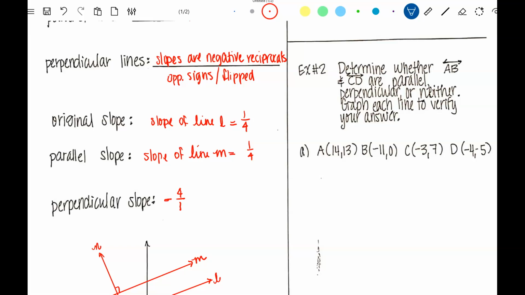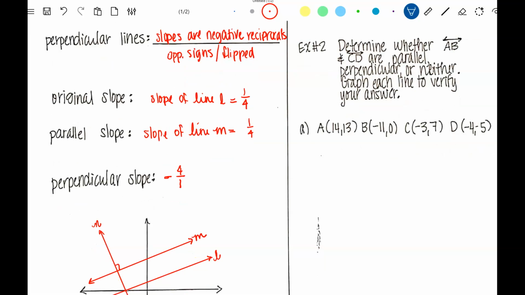Okay, so example number 2, determine whether line AB and line CD are parallel, perpendicular, or neither. Okay, so if they're parallel, they have the same slope. If they're perpendicular, the slopes are negative reciprocals.